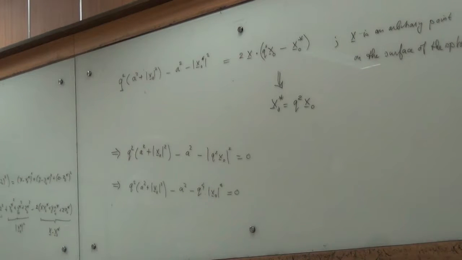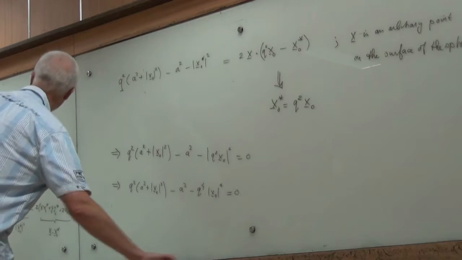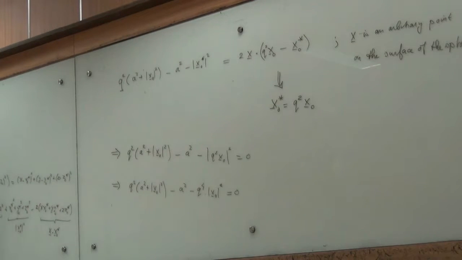What's the only unknown in this equation? A is known. The point where I would like to know the solution is known. So the only unknown in this equation is q. Can I solve this equation for q? Yes, because it's a quadratic equation in q squared. Okay, so I can solve this equation for q.